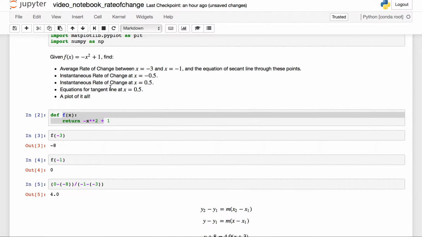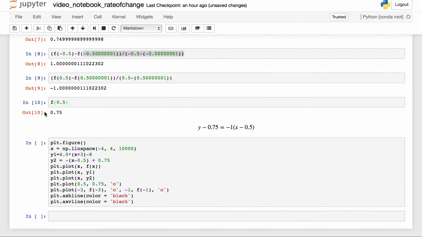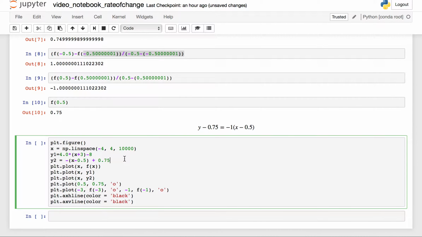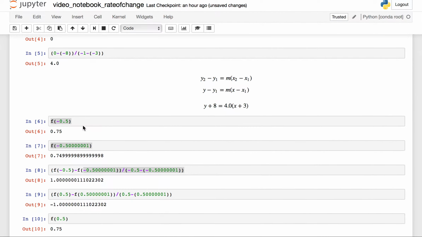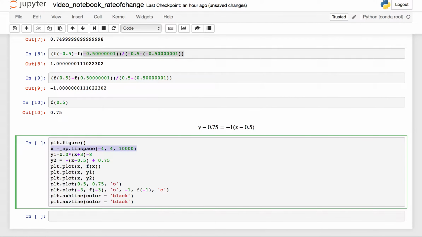Finally, I need to plot it all. I'm going to do this all in one figure. I need to define my x coordinates that I want to see in the plot. I'll just go from -4 to 4, so I'll include all of these points. Remember, I had a -3 here, so just to make sure that I see everything.